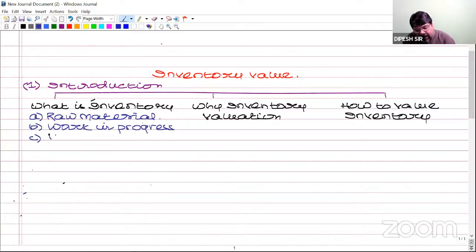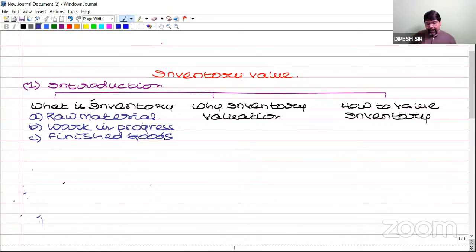Third is finished goods, that means goods ready for sale.